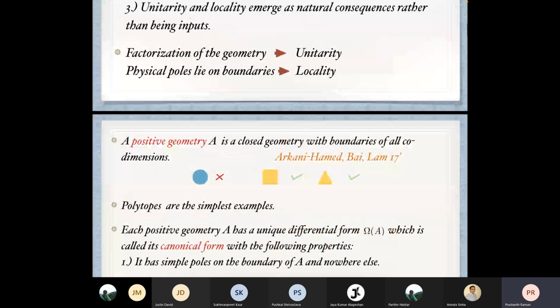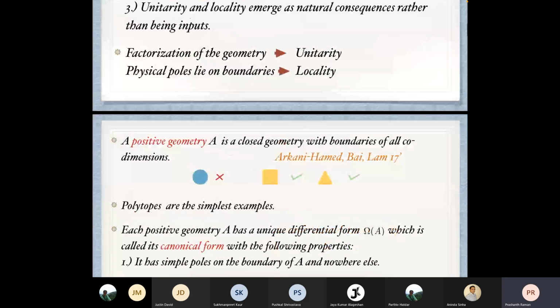A positive geometry has a unique differential form, which is called its canonical form. And the canonical form has the following properties. It has simple poles on the boundary and nowhere else. At every boundary, if I compute the residue of the form, then I get the canonical form corresponding to the boundary. If the geometry is just a point, then the canonical form is plus or minus 1.